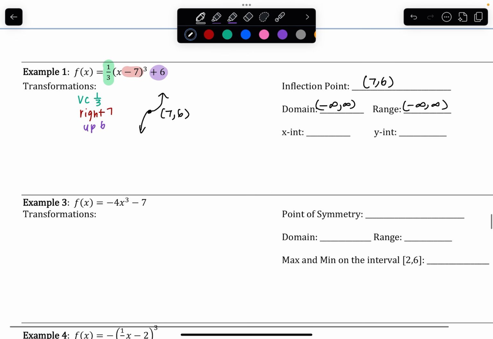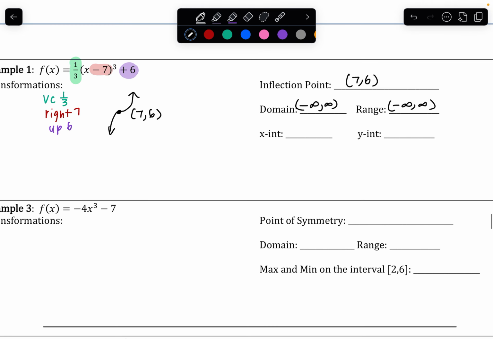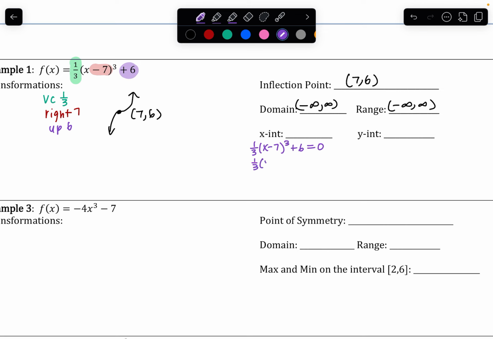To find the x and y intercept, we would do exactly what we just did on those other examples. So for the x-intercept, we set the function equal to 0. First step here would be to subtract 6 from both sides.